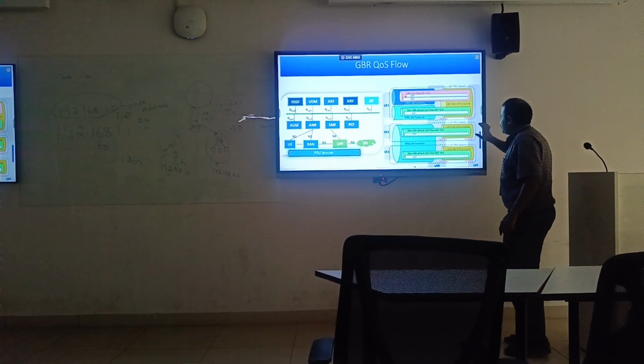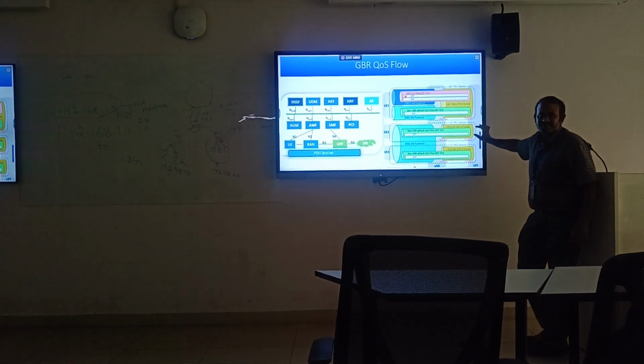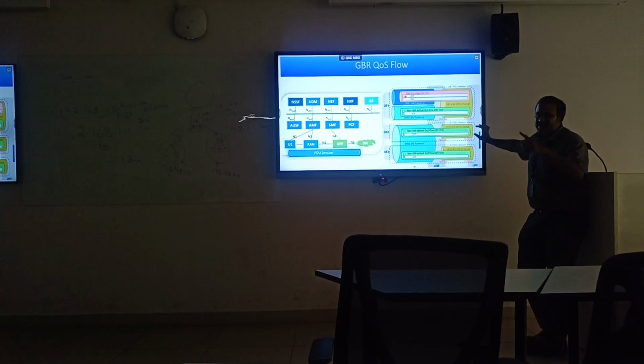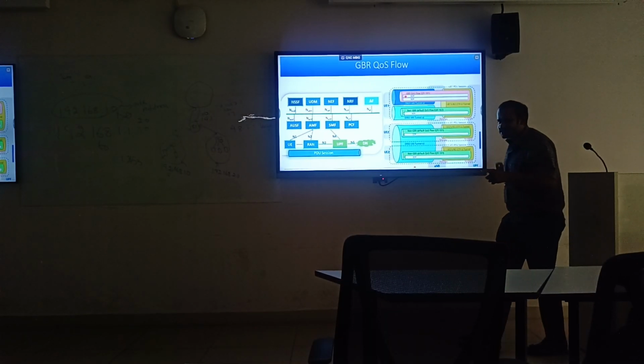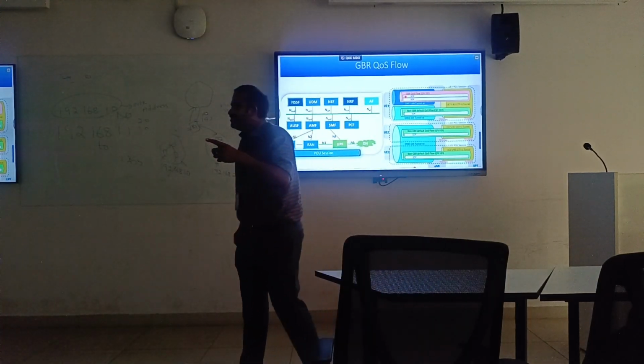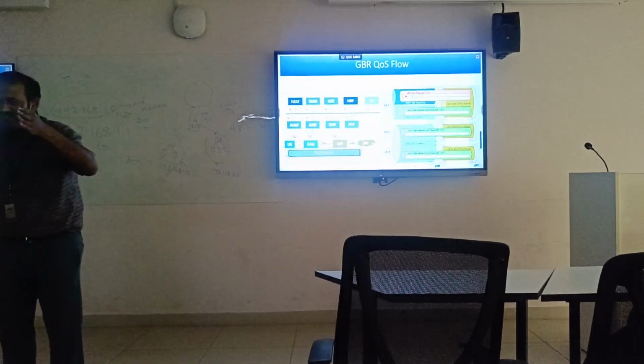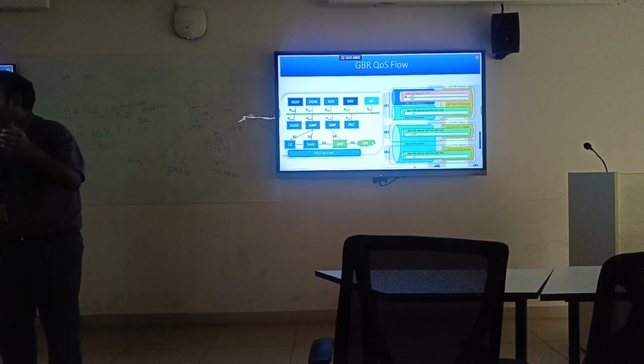Right? Now you see here, but what happened to this GTP tunnel unit? Different. Your GTP tunnel unit is different for different users. Correct? This is the main point. Your data bearer is common, but your GTP is different. Your data bearer is between which and which? Between your user equipment and your base station.